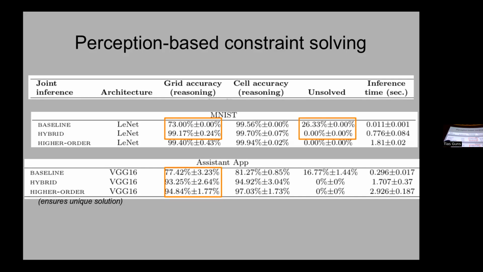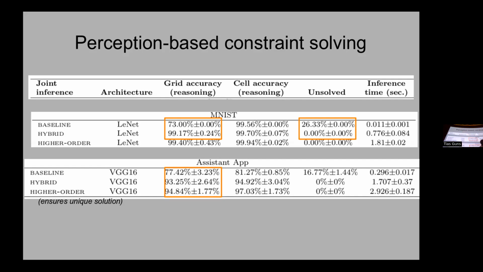So let's look at the results. As you can see here on the right, the number of unsolved cases, of course, drops to 0, because we're asking for an interpretation that is valid, so it will always give a valid interpretation. We also see that in the case of the MNIST data, we can now solve 99% of the instances correctly.